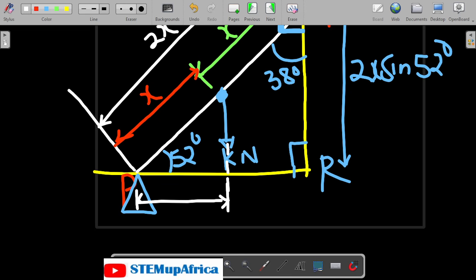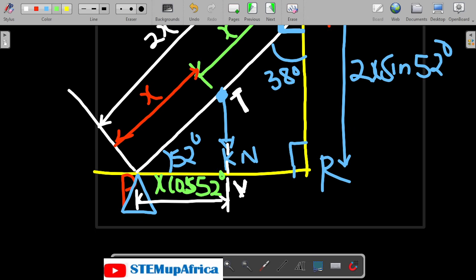If you consider this right-angled triangle, let me call here point T, and here V. If you consider P, T, V, you will notice that PVT is also a right-angled triangle. Here will produce x cos 52 degrees.